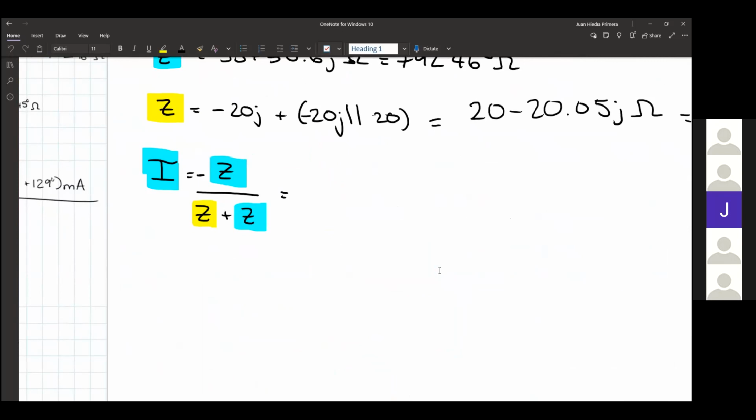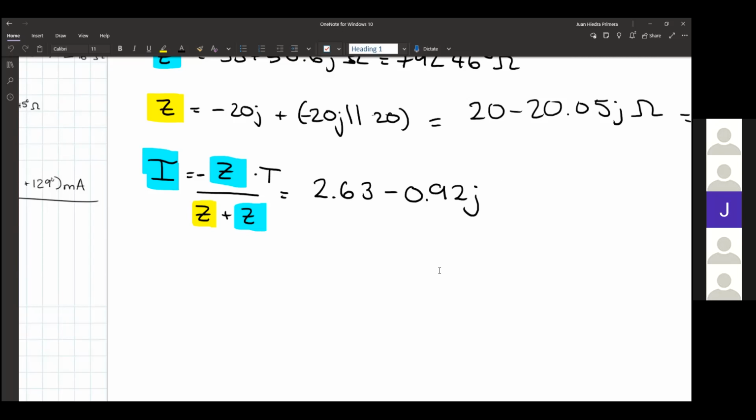And this negative. Cool, and we get 2.63 minus 0.92 J amps. This is the ratio.